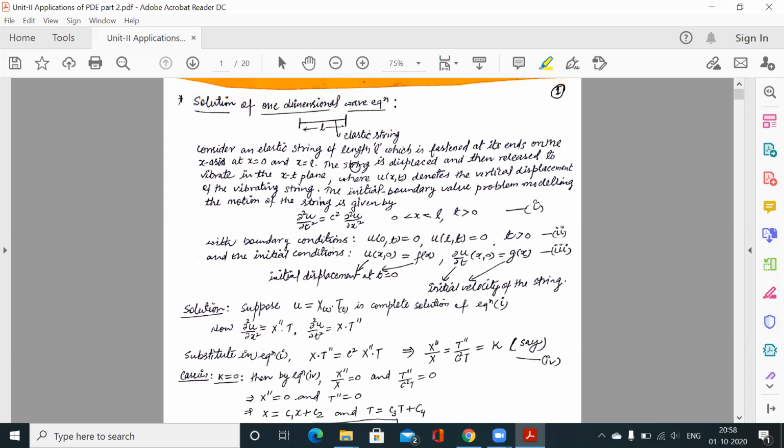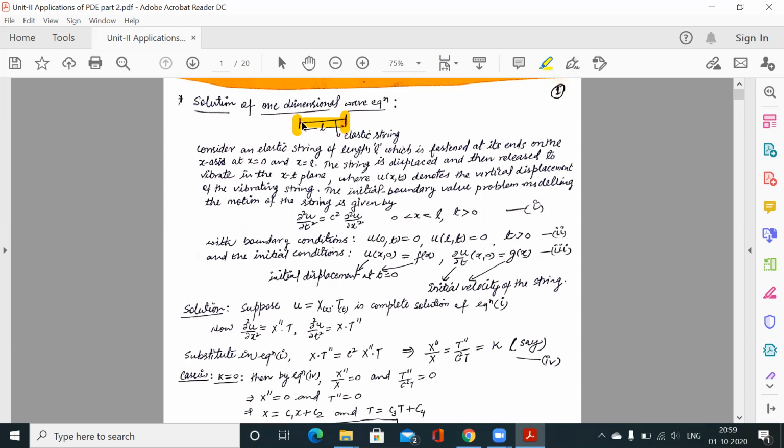First, we need to know what a wave equation is. In the wave equation, we have a string of length L. Suppose we have a string of length L, and both its ends are fixed at some particular point.